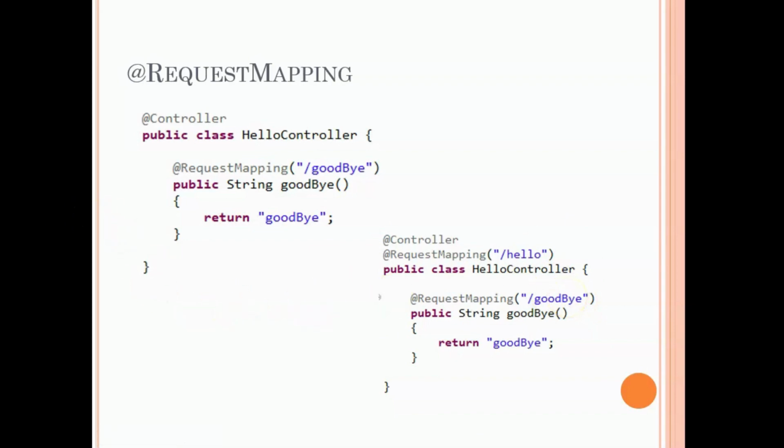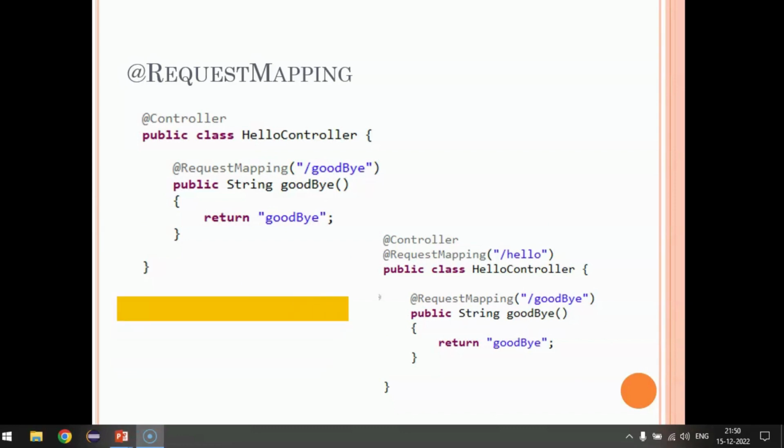So here the request that I have would look something like this: http://localhost:8080/myapp. In the earlier case it was directly goodbye, but in this case it is going to be hello, and then after hello we will have goodbye. So it will look something like this: hello/goodbye.